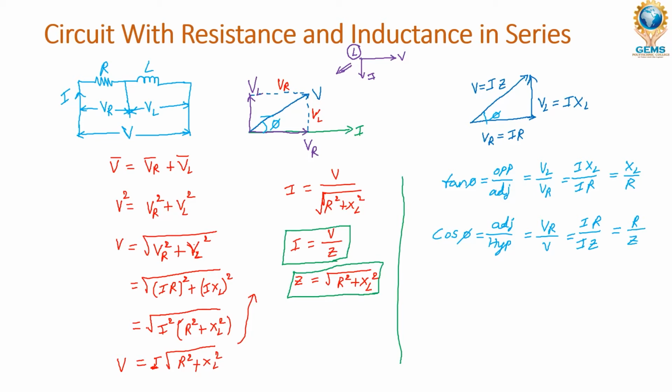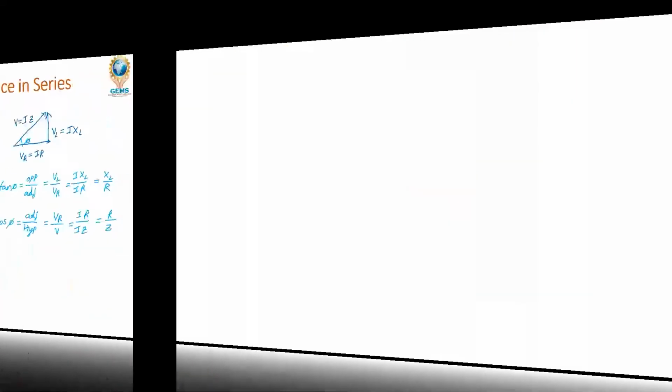After this, now we are going to see the waveforms. Now we are going to draw waveforms. This is the time scale. Here I am taking voltage and current. If we see the voltage waveform, it will be like this.